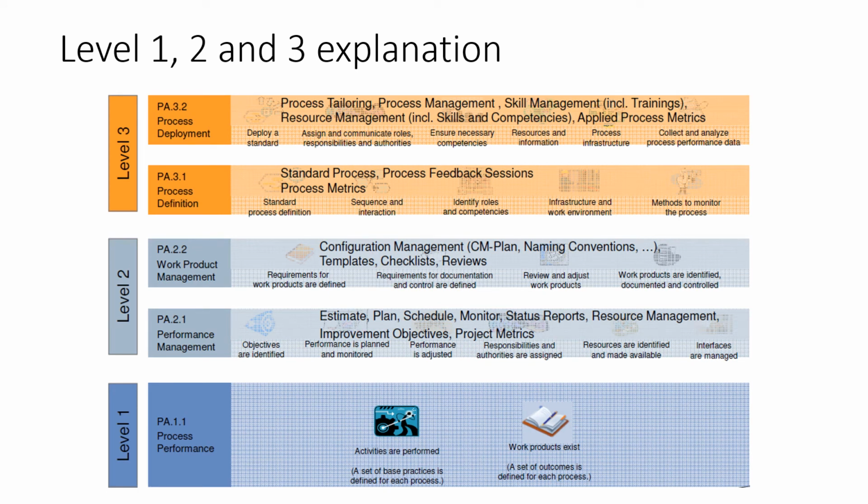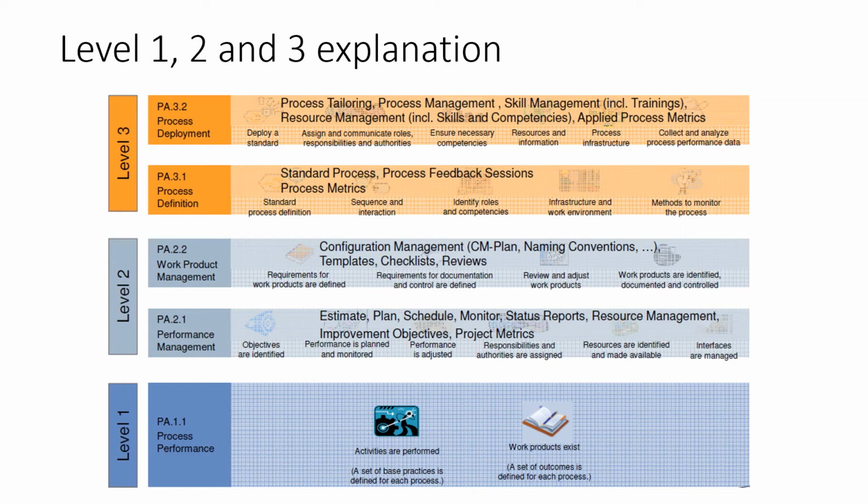So the level 1, 2, 3 explanation in this one picture: level 1 is activities performed where products exist. In level 2 we have performance management and work product management.